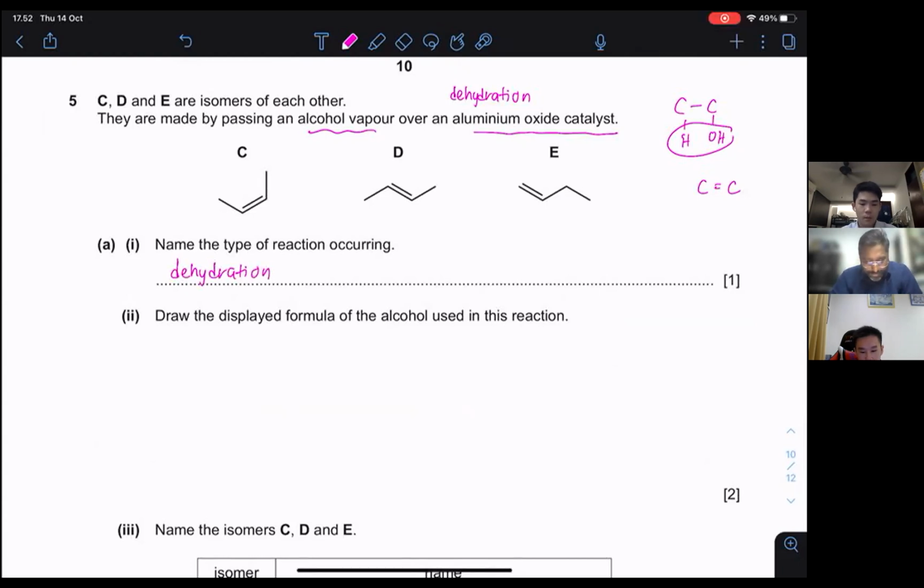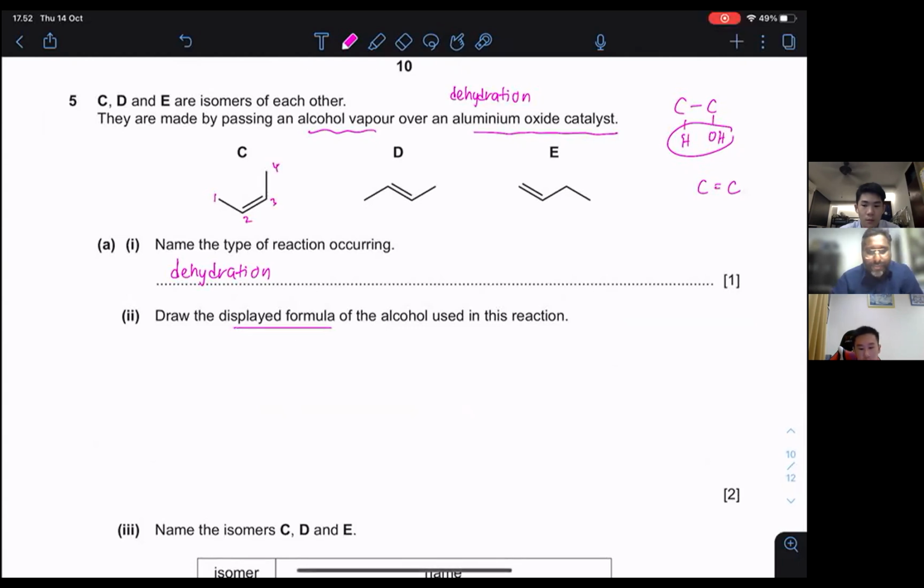Draw the displayed formula of the alcohol used in this reaction. It doesn't matter, as long as you show the same number of carbons. You see here, 1 carbon, 2 carbon, 3 carbon, 4 carbon, and they want displayed formula.